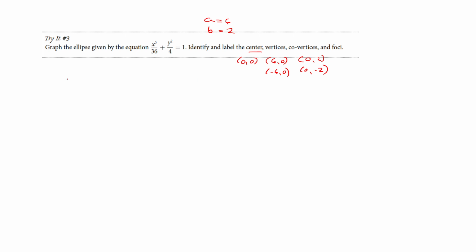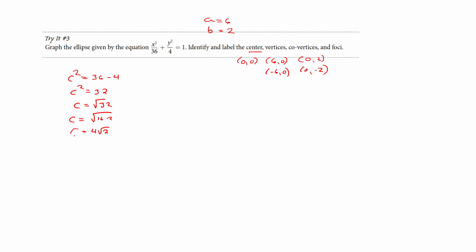Now to find the foci, we've got c squared equals a squared, which is 36, minus b squared. So c squared is going to be 32. So c is going to be the square root of 32, which is the same as, double checking myself here, 16 times 2. Yep.